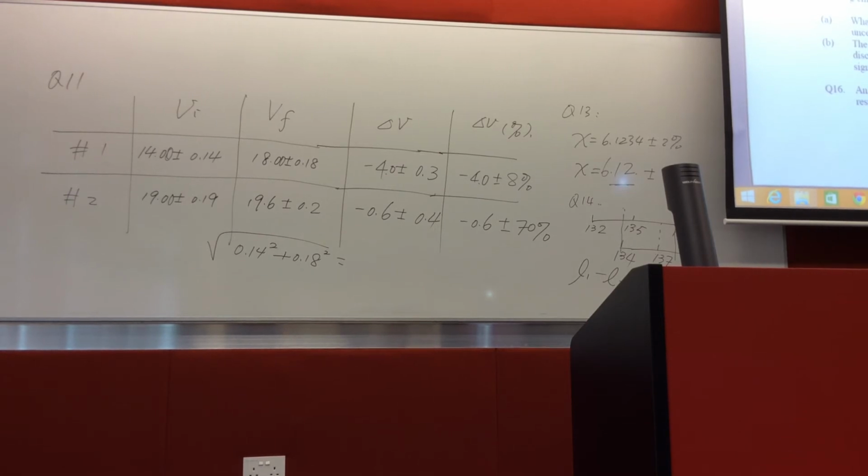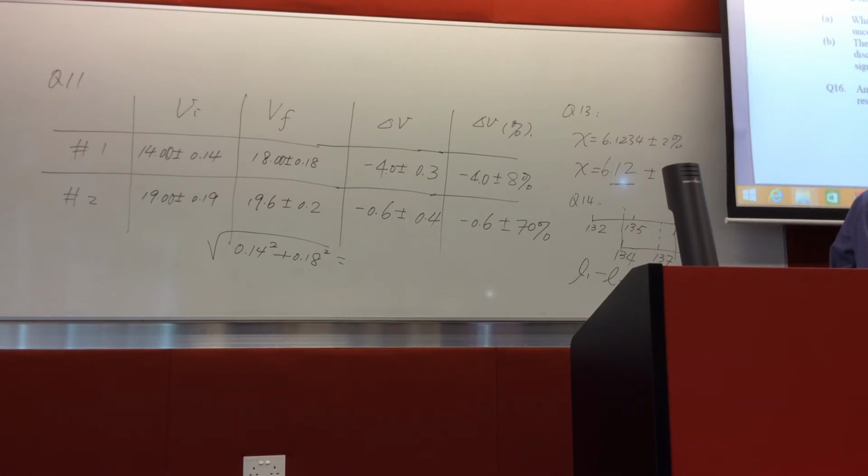Then the minimum and the maximum for this one: the minimum is 1.8 and the maximum is 2.0, so your uncertainty will be 0.1. So 1.9 plus minus 0.1 covers all the values, right? Agree?